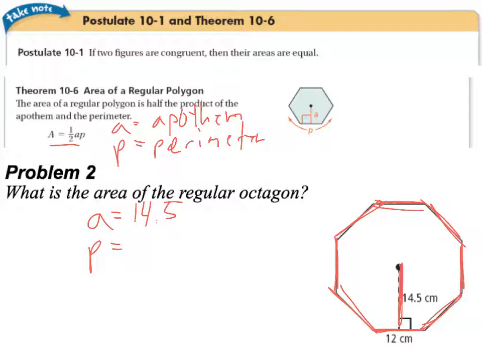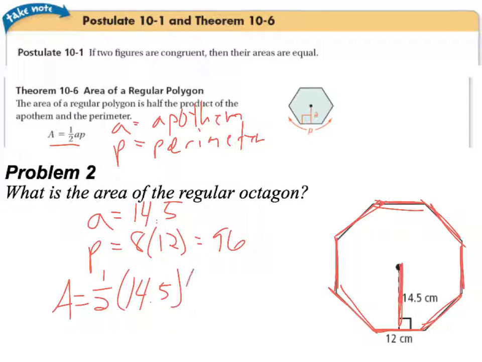So my perimeter would be 8 times 12, which is 96. So my area formula is going to be 1/2 times my apothem times my perimeter. And that's going to get me an answer of 696 square centimeters.